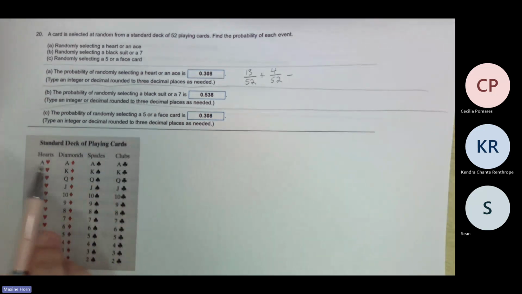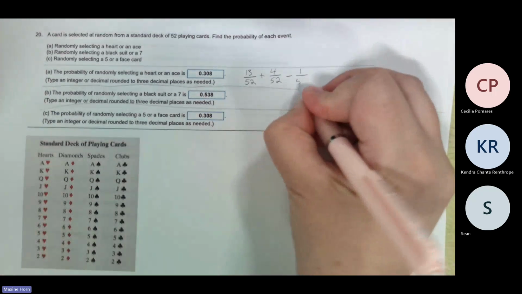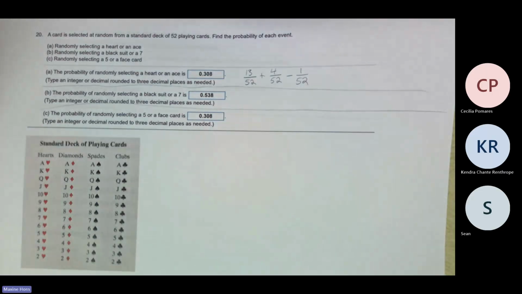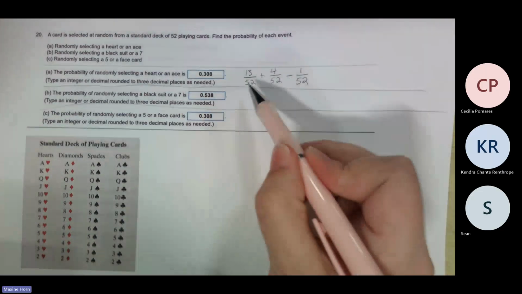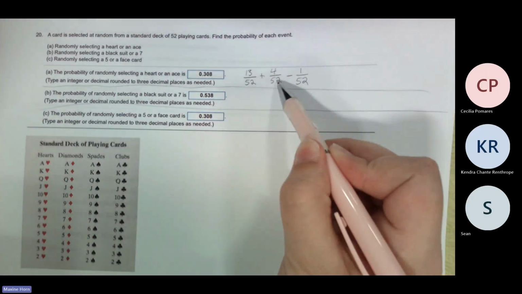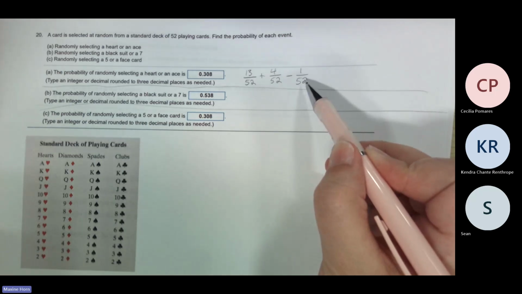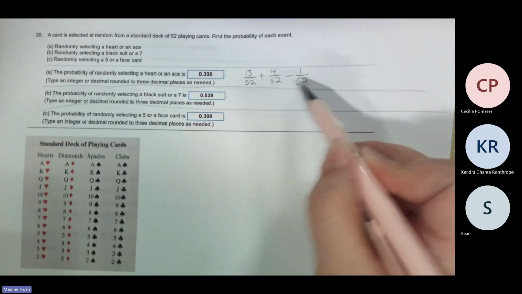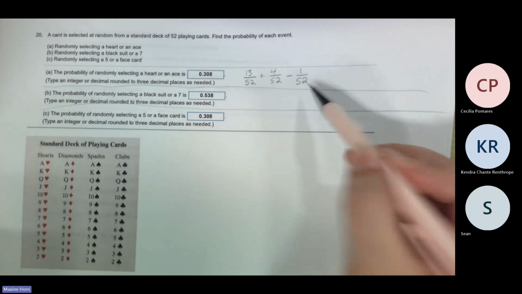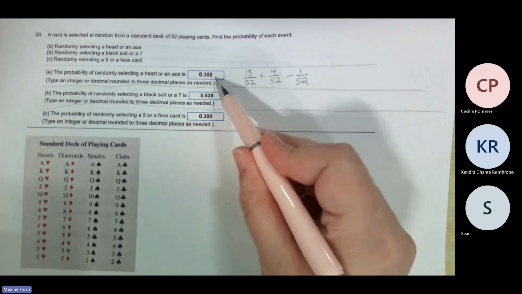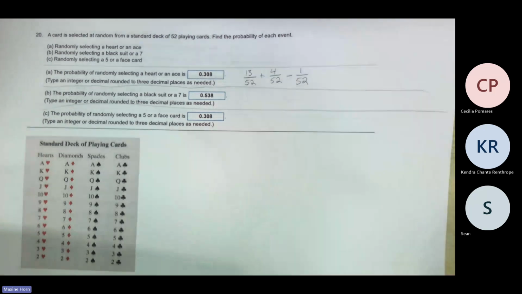So here were all of the aces, here were all of the hearts. There is only 1 ace of hearts. So we subtract 1 out of the 52 cards. Okay, the probability of A plus the probability of B minus the probability of A and B, or of where they overlap. If you add those together in your calculator, or add and then subtract, that's how you're getting the 0.308. I'm not going to plug that in just for the purposes of time.